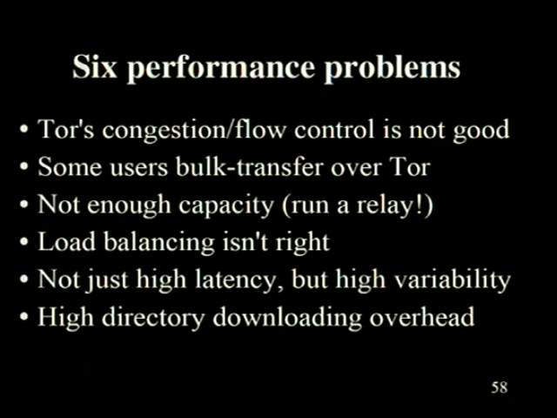We've got something like 15 gigabits a second of capacity right now, which is pretty good, but the list of people on the internet who would like to have safe communications is way larger than that. So that's Tor performance in a nutshell, and I'm going to stop and take some questions now.